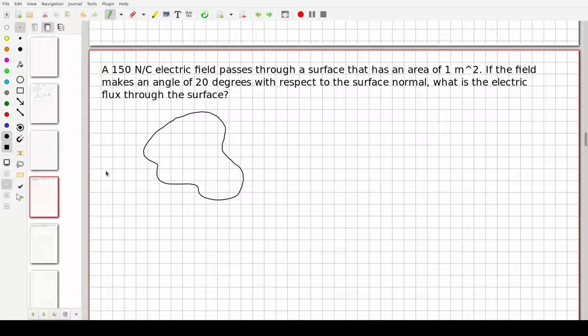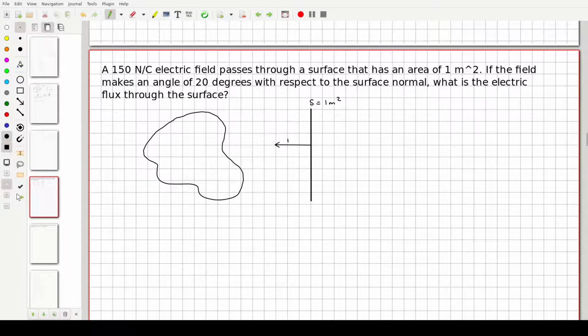So what I'm going to do is, again, look at this from a side view standpoint. So here's the side of my area, which again, my surface here is 1 square meter. That's its area. Okay. The direction of out, we'll call this right here. You could call it the other way. Really doesn't matter because when you look at the angle in between, it ends up being the same.